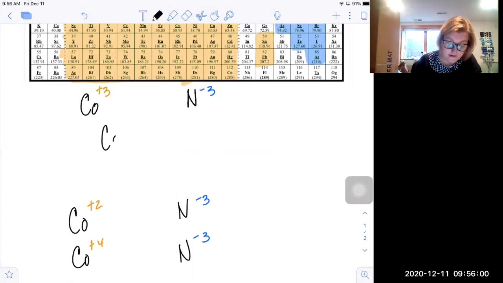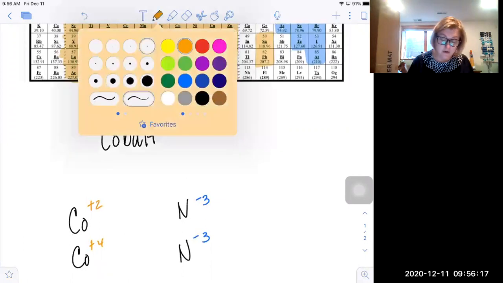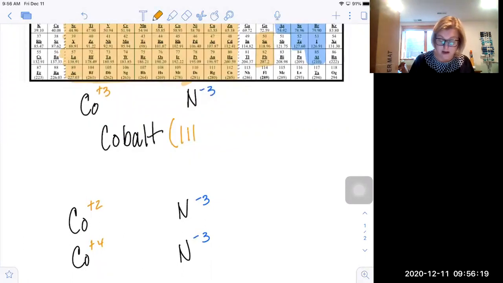So I still know that this is cobalt, Co, and I need that Roman numeral 3 in there. And why? Because this charge has to match the Roman numeral.